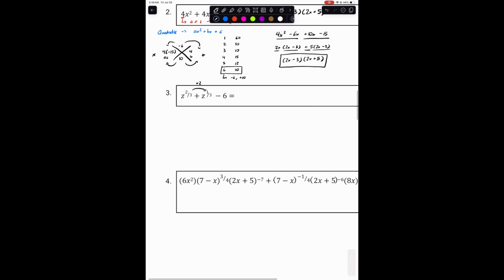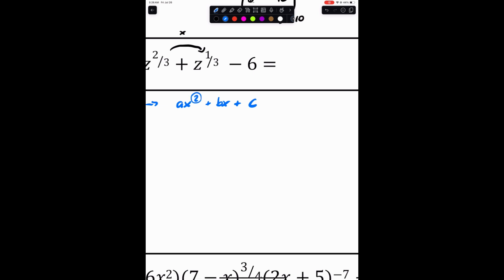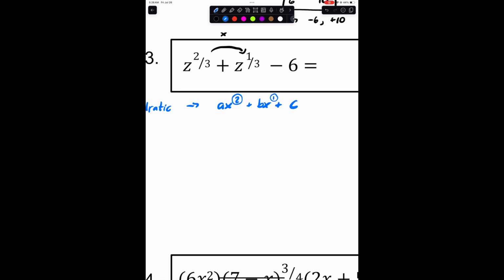So why is that? Note that for a quadratic, it's ax squared plus bx plus c. The thing I want to know in particular is that I have a square. I don't necessarily need the 2. The thing I'm looking for is that one exponent is double the other. That's horrendous spelling.